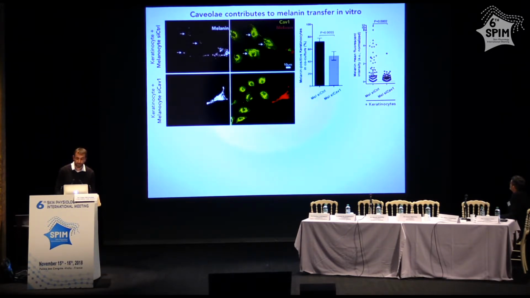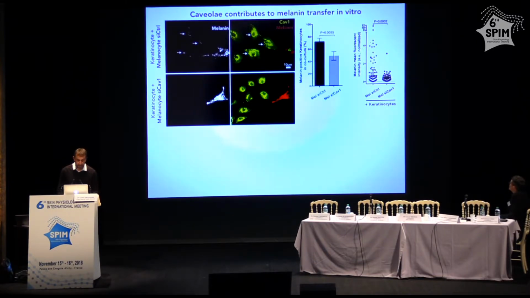Then, what I also told you is that keratinocytes can control and enhance the amount of caveolae at the surface of melanocytes. So we also decided to test whether keratinocytes can do the opposite, meaning down-regulate caveolae.